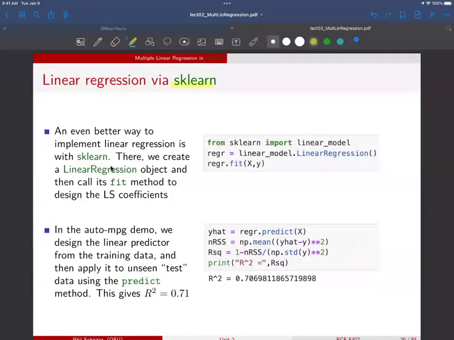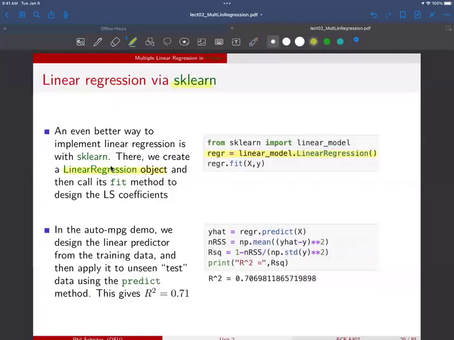The way that we do this in sklearn is first we import the linear model function from the sklearn library, and then we instantiate a linear regression object. An object is a container that has a collection of different places for storing variables as well as different functions.